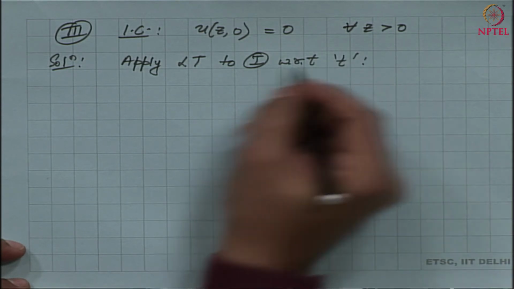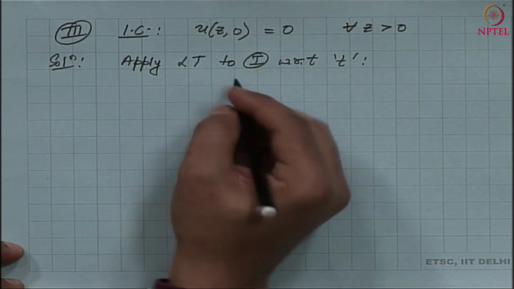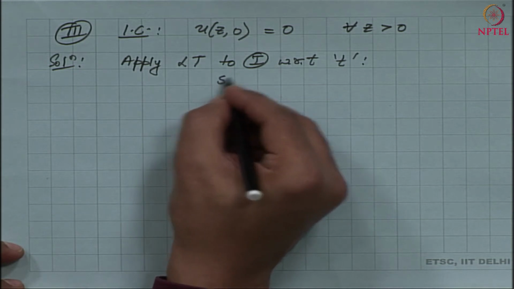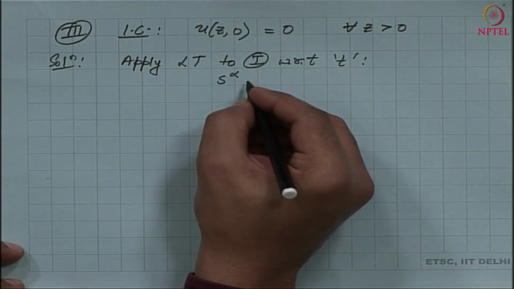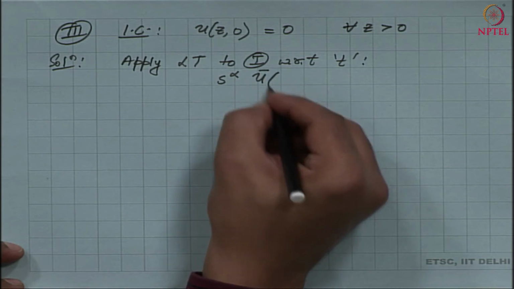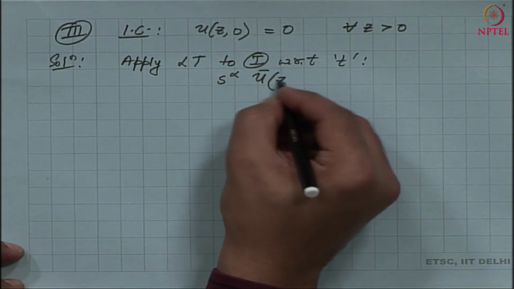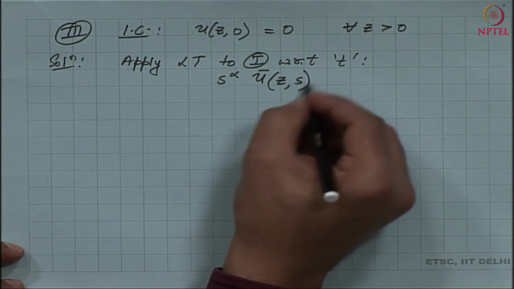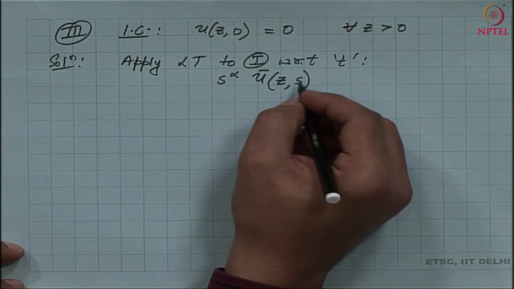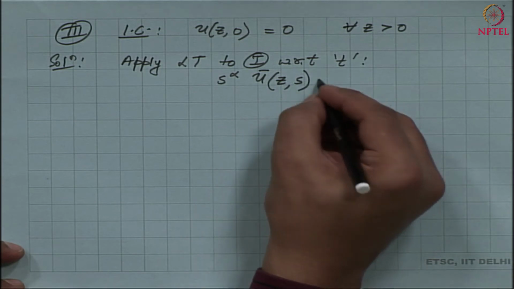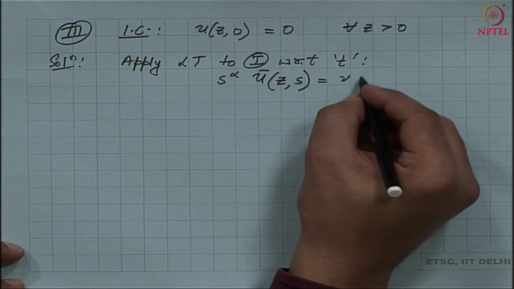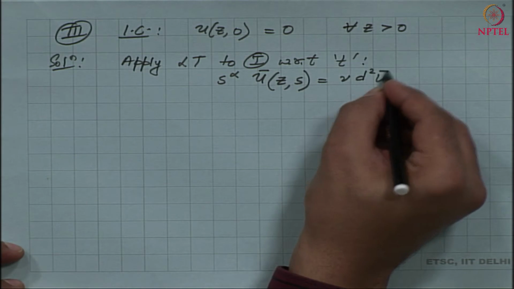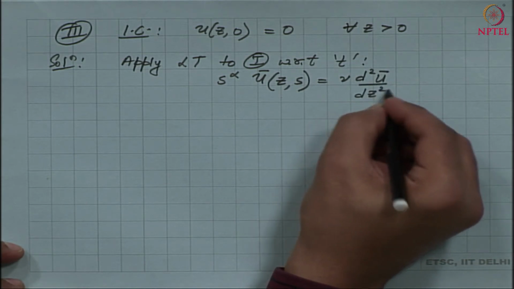Okay. When I do that, I get the following ODE. I get the ODE as s to the power alpha u bar of z comma s, where the physical variable z is retained and I apply the Laplace transform on the time variable. This is nu times the second derivative of u bar with respect to z square.